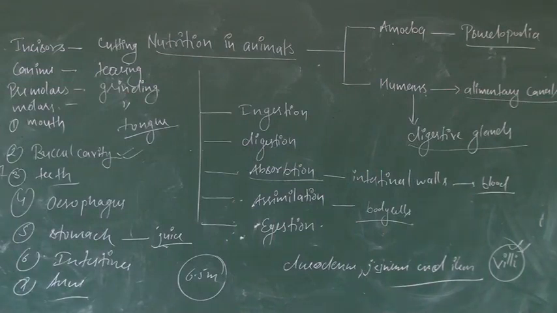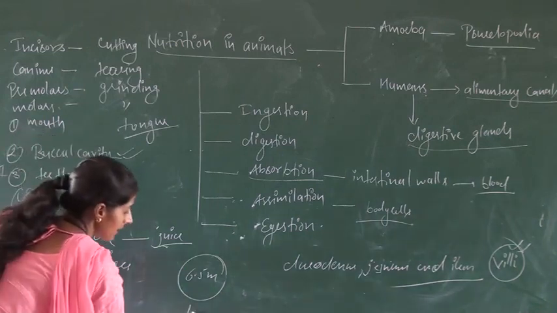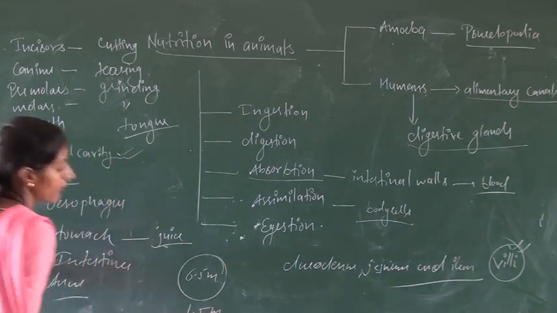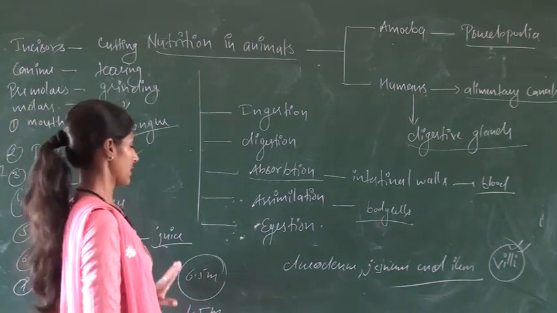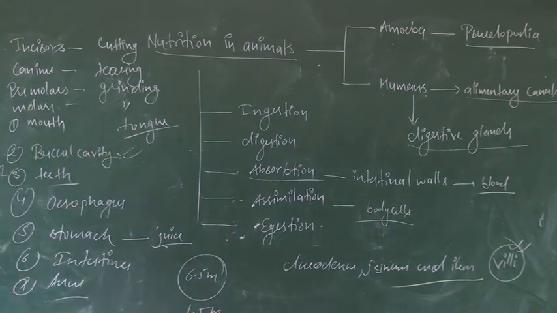After that, the large intestine. The large intestine is only about 1.5 meters in length. From here, the undigested food material is passed to the anus through the rectum.